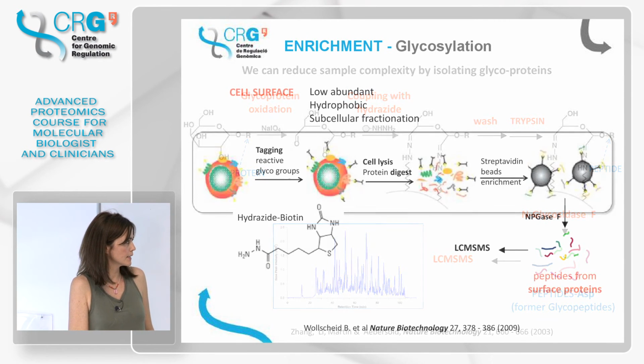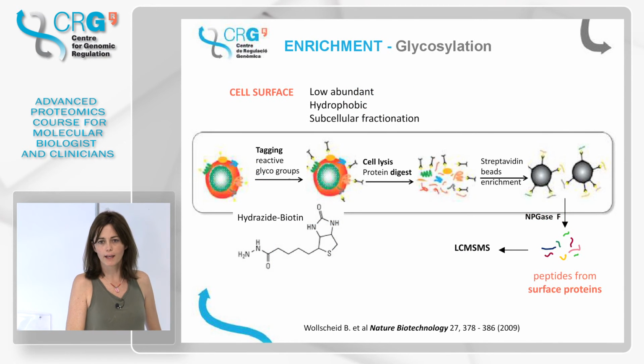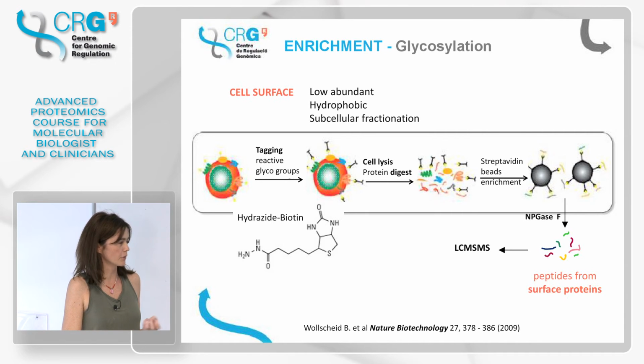The same strategy can be used to study glycoproteins that are specifically on the cell surface. This is quite interesting because it is not always easy to work with membranes. These proteins are very hydrophobic and low abundant. By flow cytometry, for example, we cannot multiplex so much, or we don't have the specific antibodies or whatever.